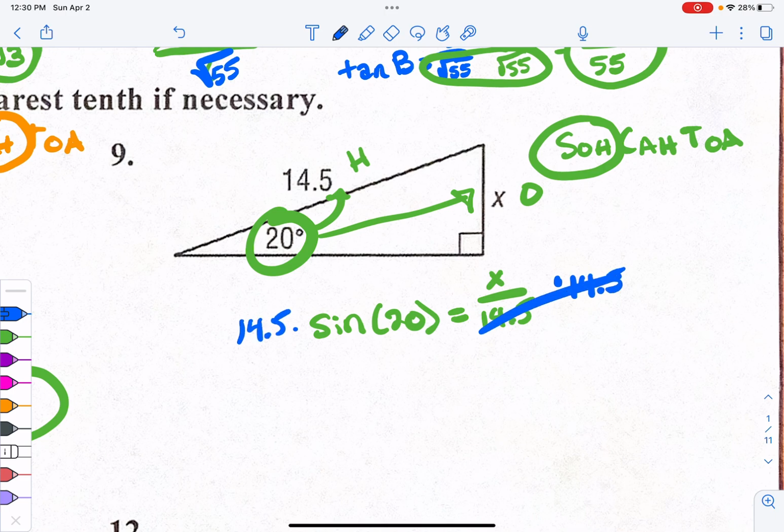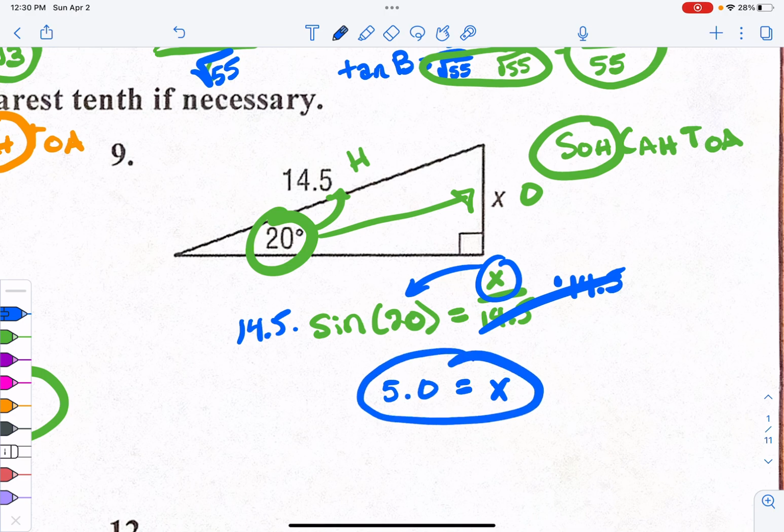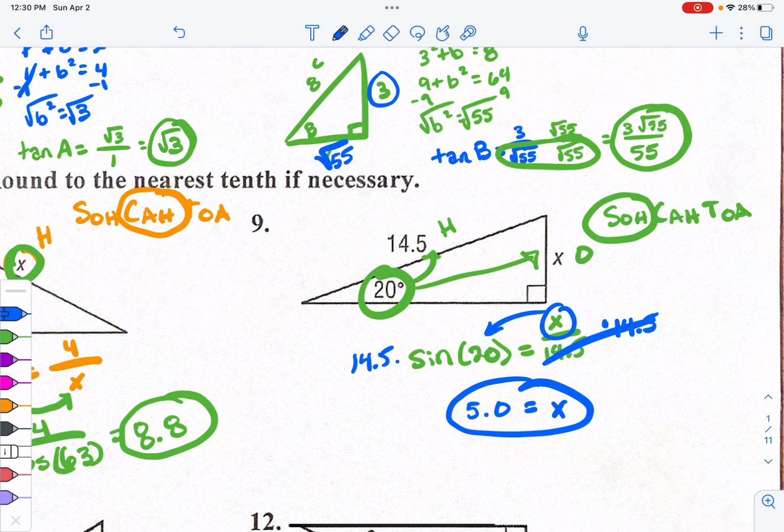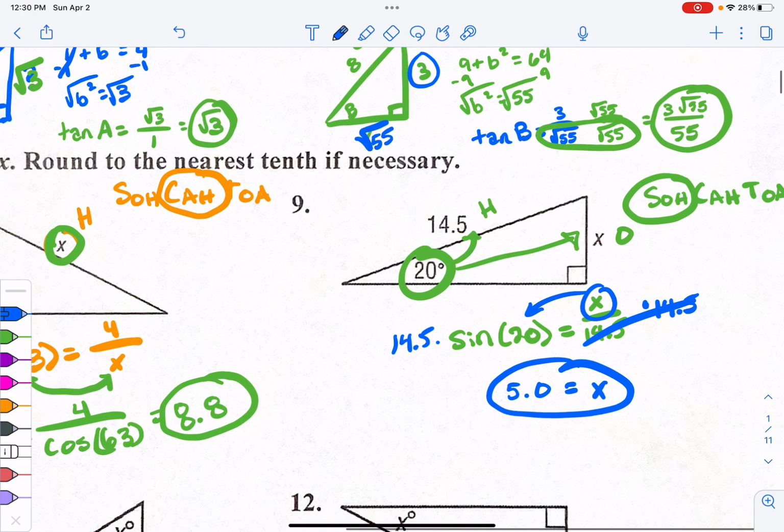We don't have to flip them around. So x equals 14.5 times sine of 20, and it should give me an answer. I got x equals 4.95, but if I round up, that would actually be 5.0, rounding to the nearest decimal place. 5.0 is what x will be, okay?